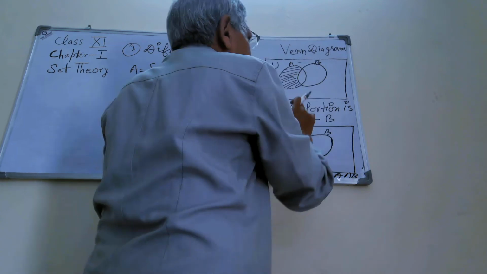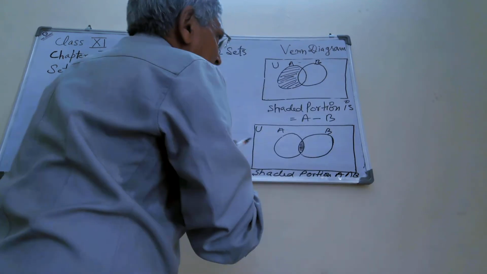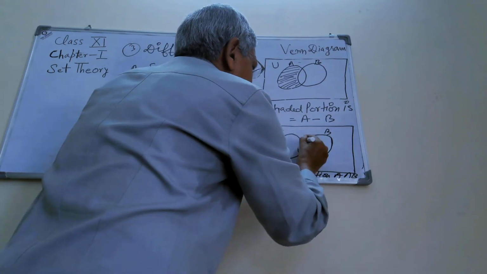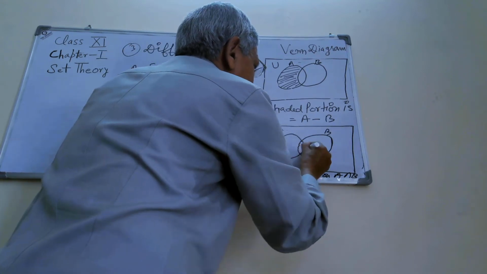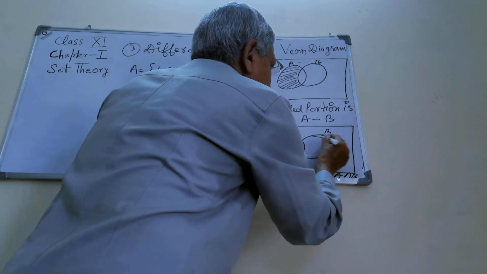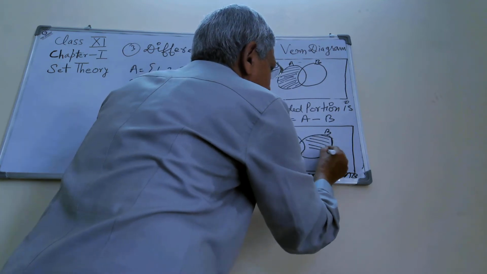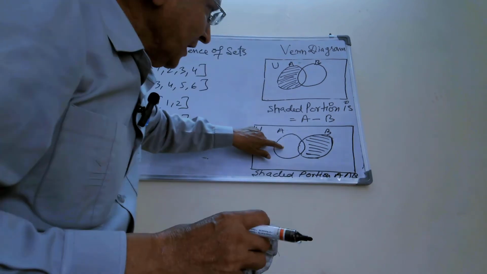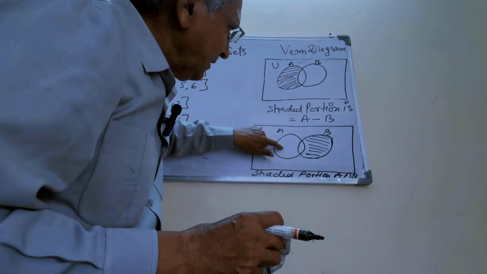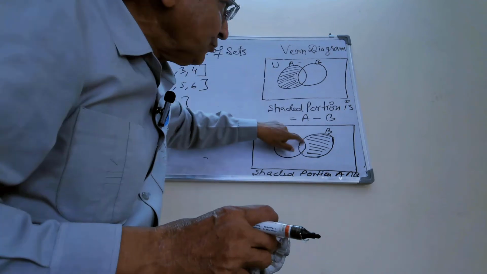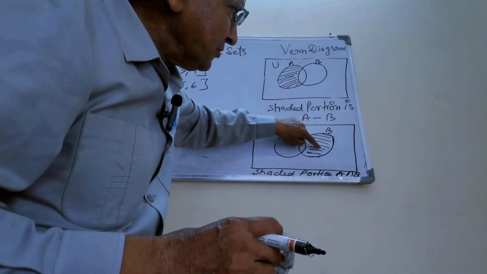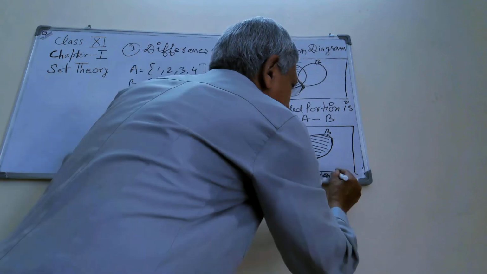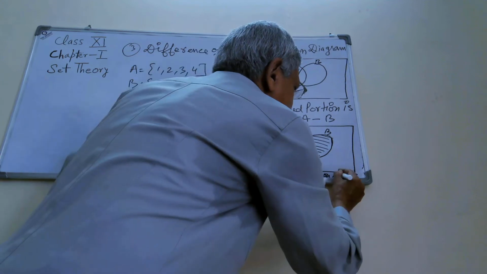In B minus A, this portion. Leave the elements of A, leave the common elements, and you have to take all the elements of B. That is, the B shaded portion is B minus A.